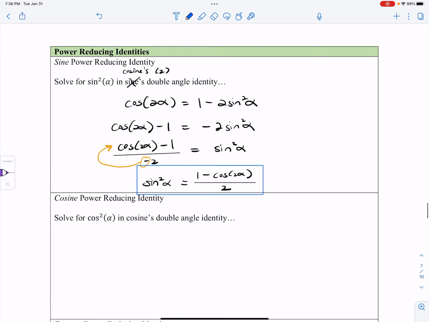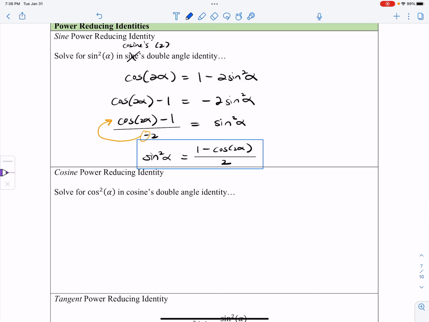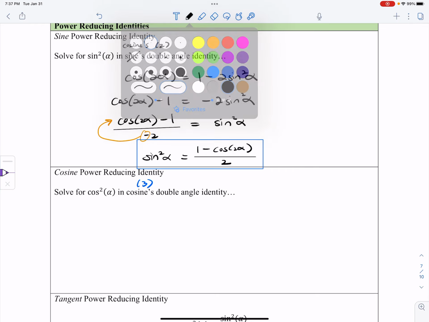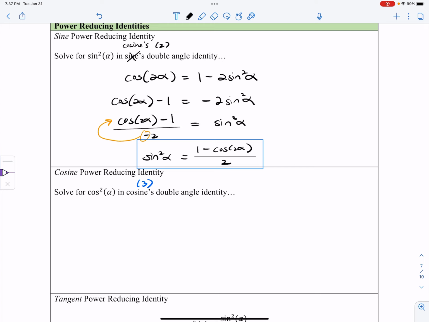Okay, and then in order to derive the cosine power reducing identity, we are going to use the third of cosine's double angle identities. So we'll have cosine 2 alpha equals 2 cosine squared alpha minus 1.